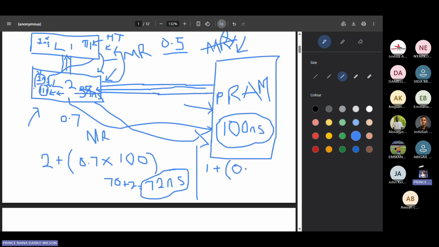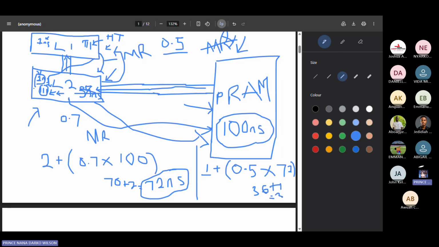So we take that 50% chance and multiply it by the access time for level 2, which we have computed, due to the effects of the RAM, to be 72 nanoseconds. So 0.5 times 72, we get 36. We combine that 36 with the 1, and that gives us 37 nanoseconds.